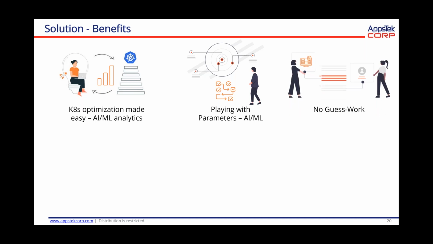There are no more estimations. There is no more over provisioning of your compute resources, and we know exactly when and where your system can crash, what needs to be tweaked, and how to make your workloads in the Kubernetes ecosystem stabilized. And also our platform brings flexible integration.